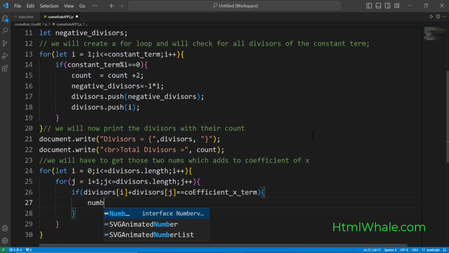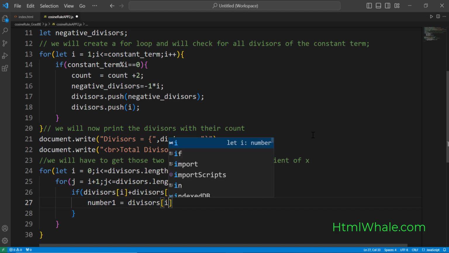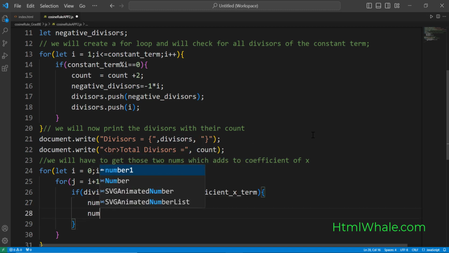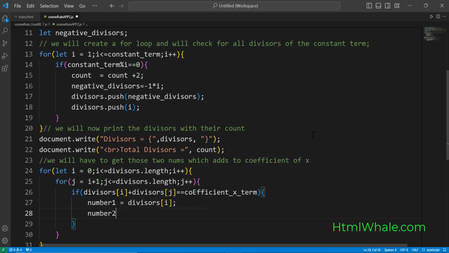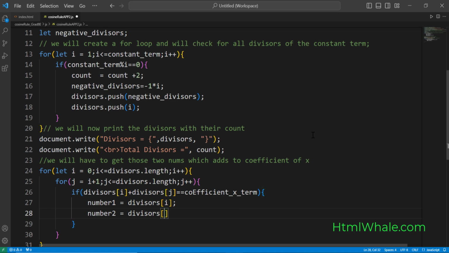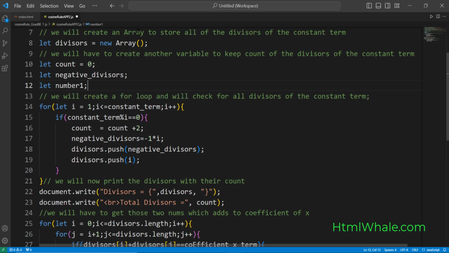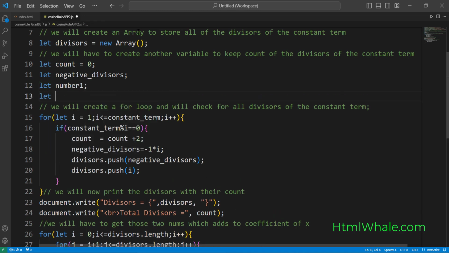So I'm going to say number 1 is equal to divisor of i, and number 2 is equal to divisor of j. So we will have to declare these two numbers. So I'm going to go over here and say let number 1 and let number 2. So these two numbers are declared.